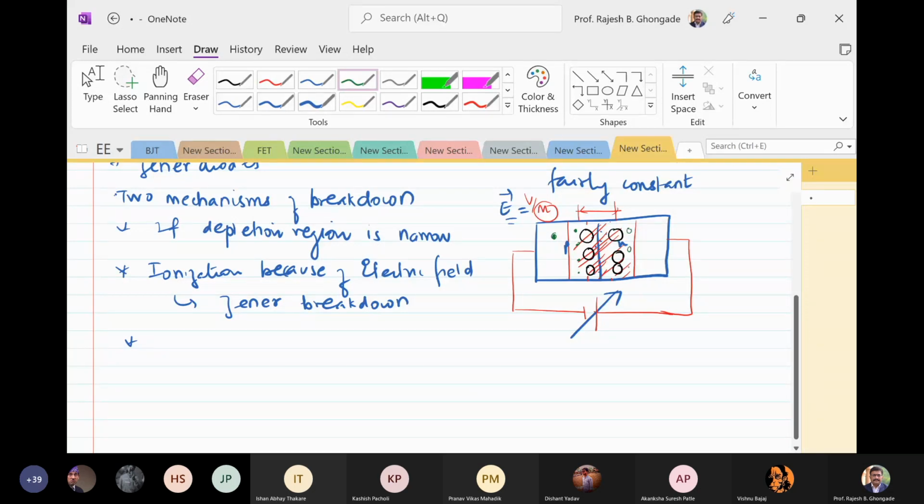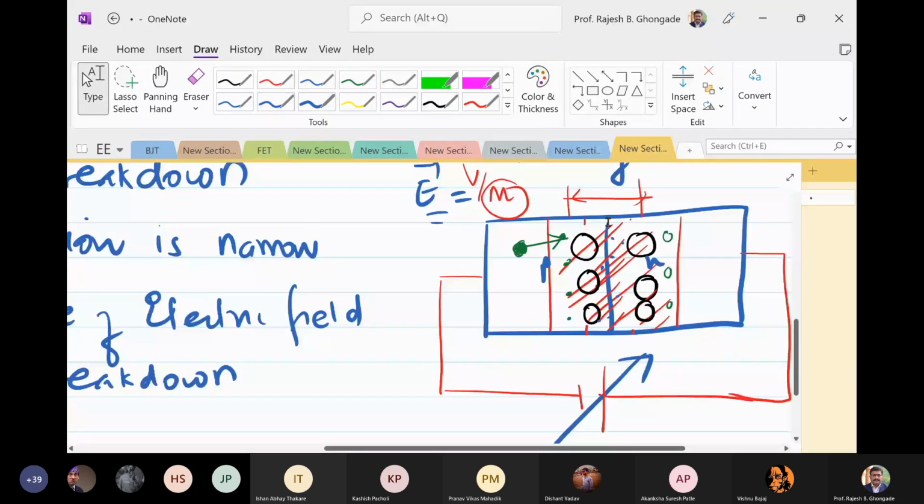So this electron, which is actually a minority charge carrier and is crossing over into this region, if it is given sufficient energy, will knock off this electron. This electron in turn will knock off another electron.